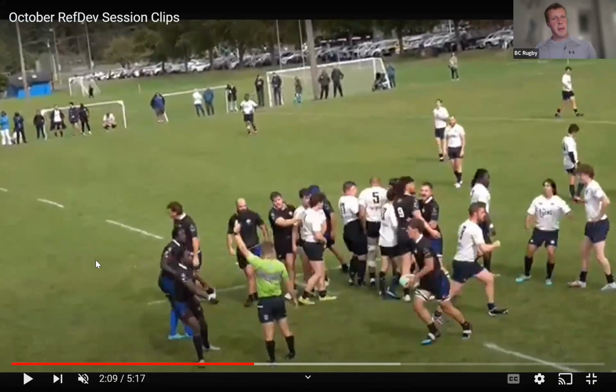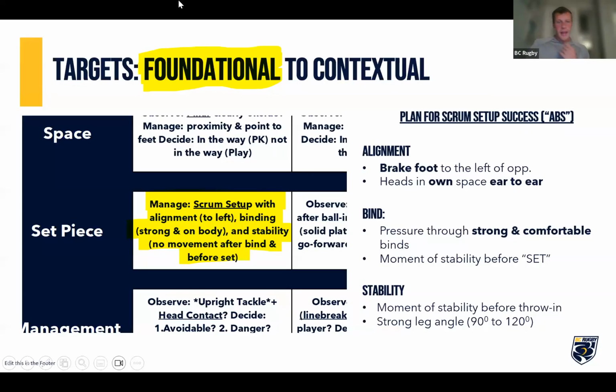So where do we need to spend most of our time? Like we said earlier, just popping it back to our plan. If we look at how we plan to have scrum setup success, again, going back to our alignment, binding, stability.